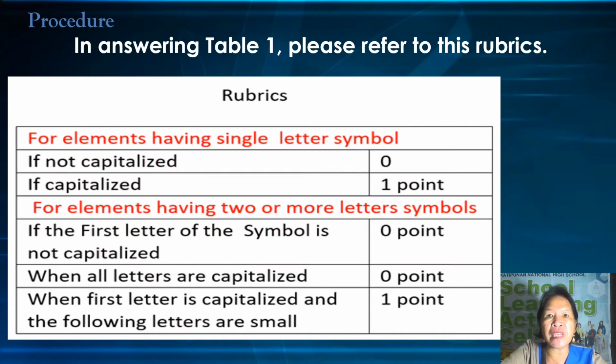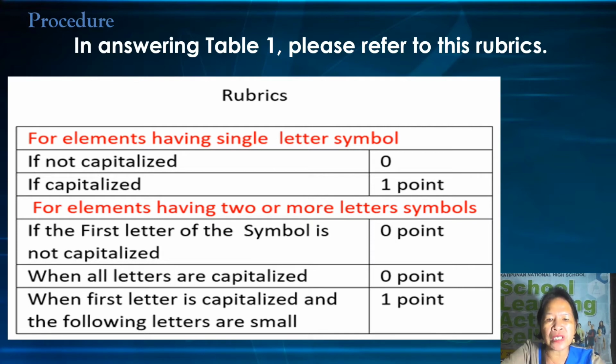Okay, for elements having a single letter symbol, if not capitalized, then you've got no score or 0. If capitalized, you earned 1 point. But for elements having 2 or more letter symbols, these are the criteria. If the first letter of the symbol is not capitalized, then your answer is wrong.